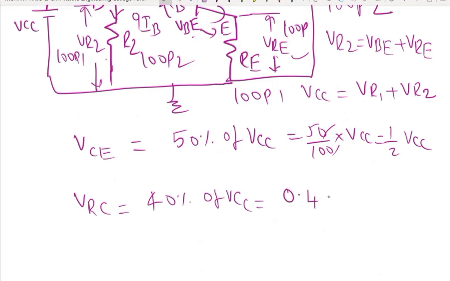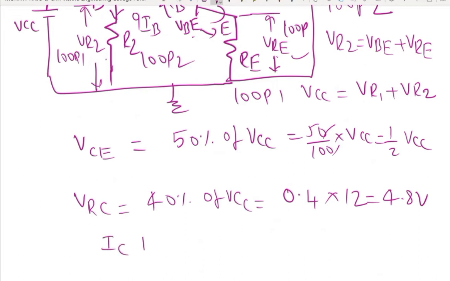40% means 0.4 into VCC, which is 12. That is equal to 4.8 volts.